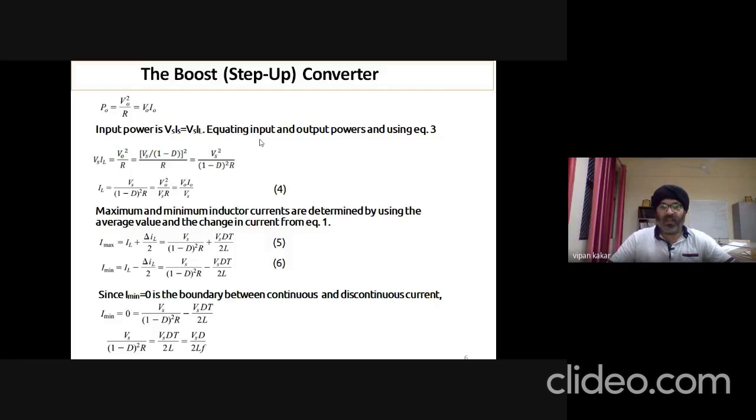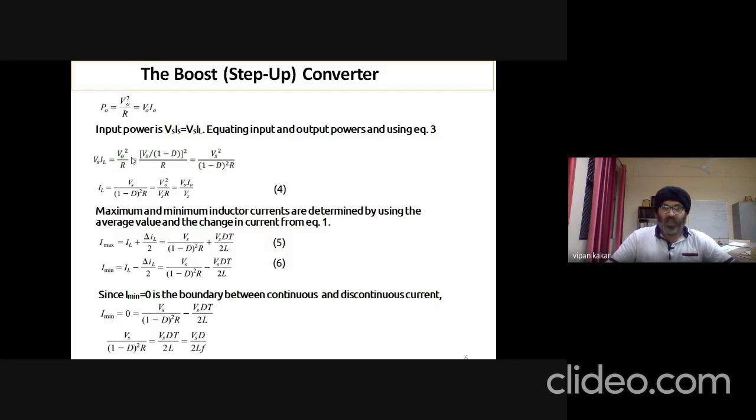We need to equate input and output power to find the maximum or minimum value of the inductor current, as we did for the buck converter, so that we can decide what value of inductor is required to have this maximum or minimum value of current in this circuit.